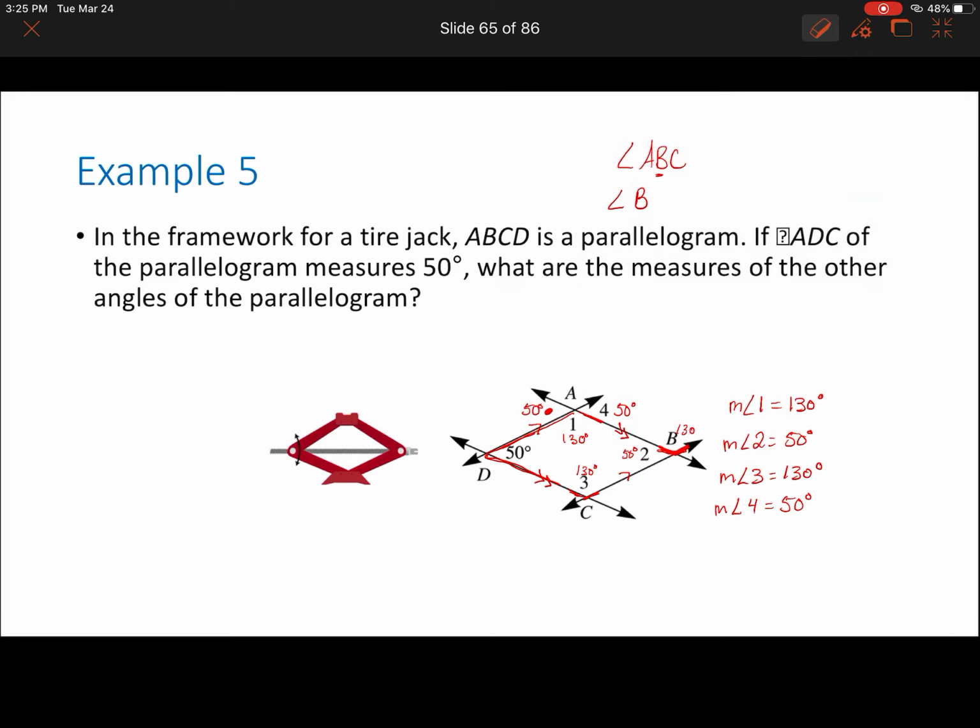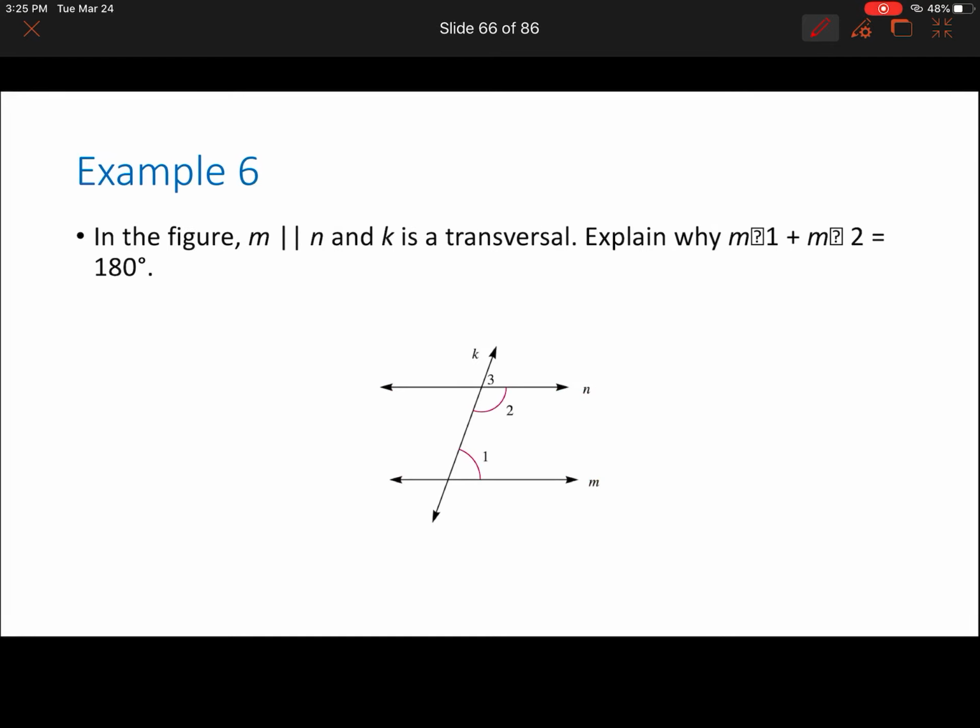If that's the only angle at that vertex, we could call it angle B. Or if we have it numbered like we do here, then we could call it, not the measure, we could call it angle 1 or 2 or 3 or whatever. So that would be some ways that we would name angles. In this case, we've named it with numbers. If you have any questions about that one, please let me know.